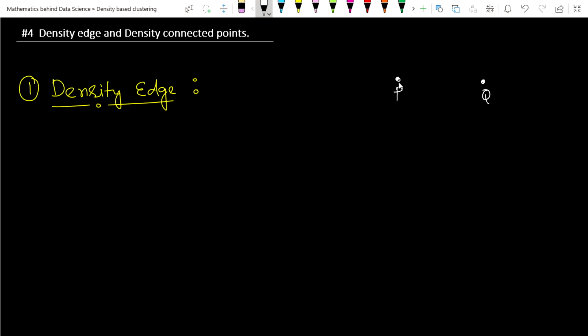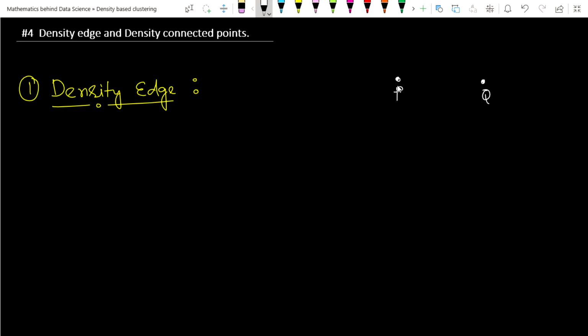In graph theory, these 2 points are called vertices. We will see, using simple graph theory, how to construct an algorithm in the next series of lectures.